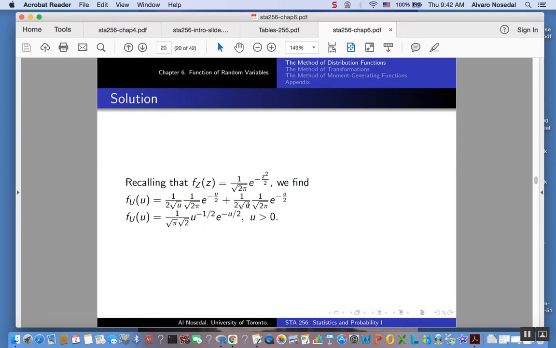Now these two terms are identical, so we have 2 times this expression. The 2 will cancel out. And also when we do the math, this coefficient here becomes 1 over the square root of pi times the square root of 2, just after simplifying that coefficient.